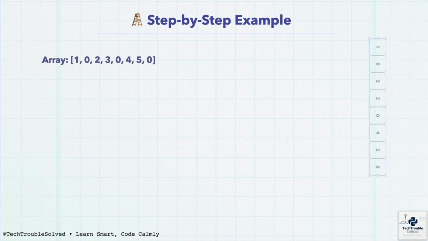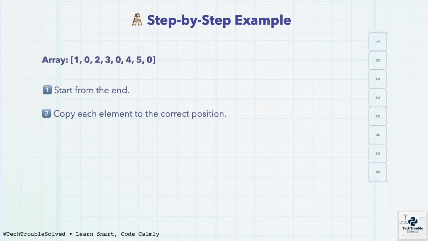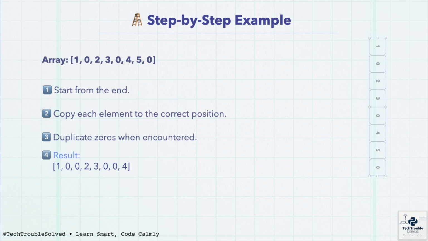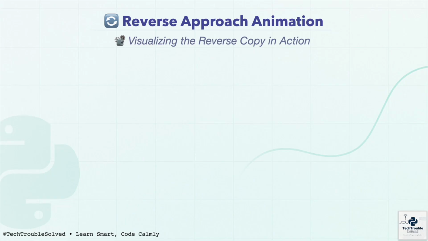So, we started from the end, copied each element to the correct position, and duplicated zeros to the same index and its previous index when encountered. So the final result we got is 100230004. Everything is in place and no extra memory used. Let's see this in action with a dry run.